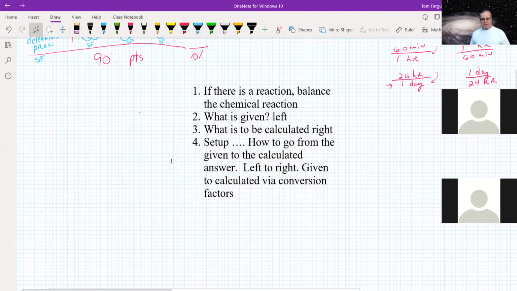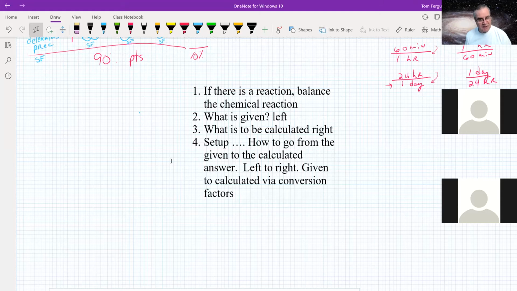These are the 4 steps on all the dimension analysis, the mole conversions, and the stoichiometry problems in this class. There are 4 main steps. Step number 1 says, if there's a chemical reaction going on, balance it. If there's no chemical reaction, you just skip it.